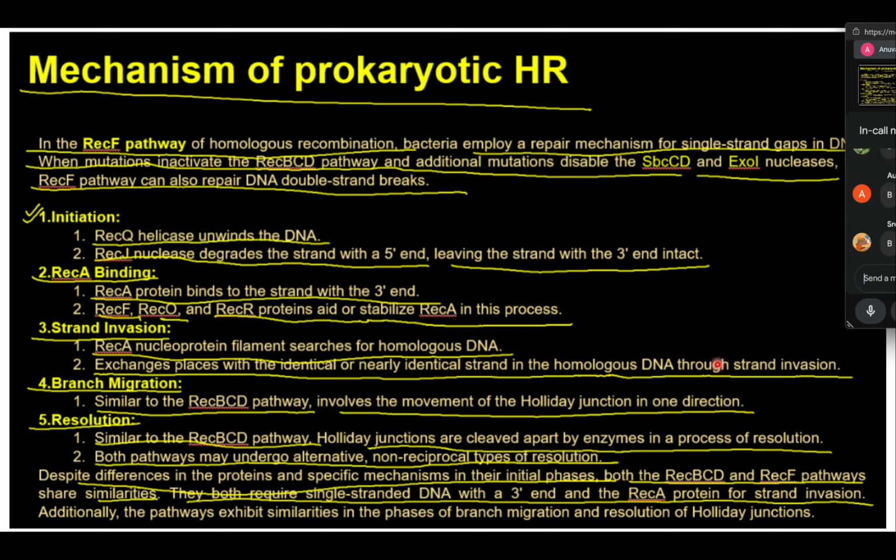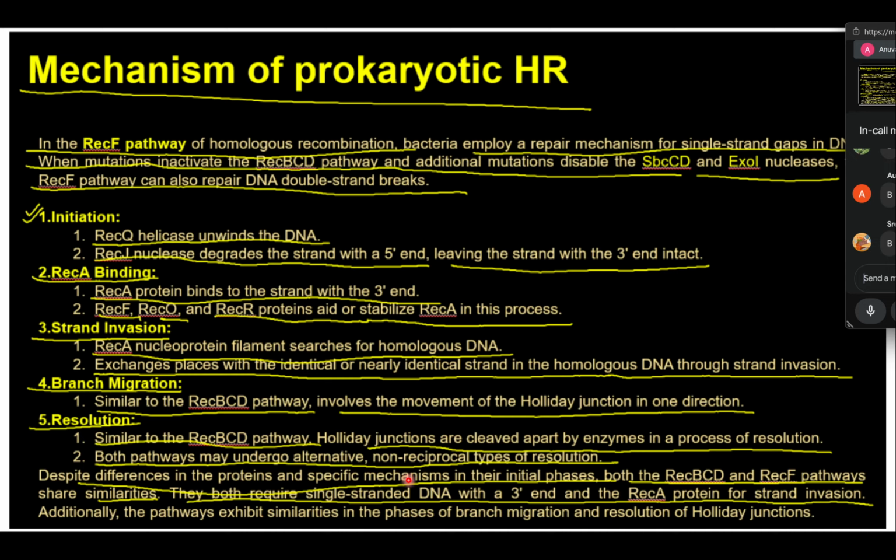We'll see this in a diagram and it will be more clear. A Holliday junction forms, which we will also see. Once the Holliday junction is formed, essentially the template sits on top of the broken DNA where there is a gap, and DNA replication enzymes will come in and just use the template to repair the DNA.